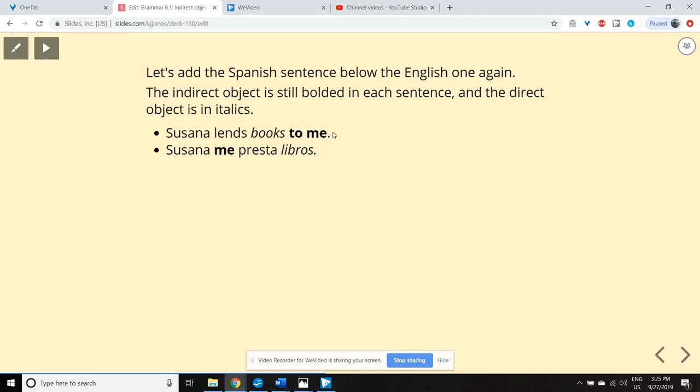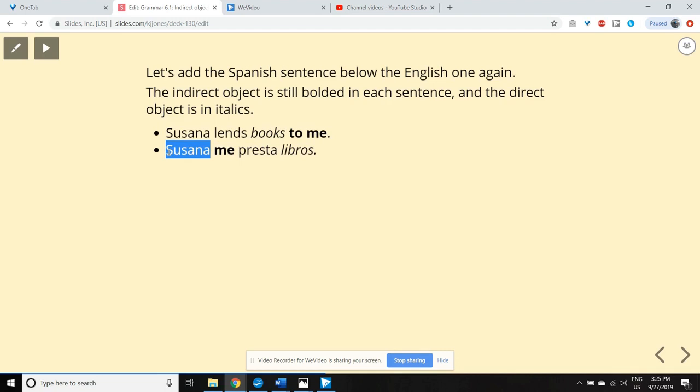In Spanish, the indirect object pronoun me directly precedes the conjugated verb. It has to. That is the only place it can go in this sentence. And then, of course, the direct object, libros, is still after the verb, immediately following it. And of course, since we need to specify who the subject of the third person verb presta is, we have our subject noun to start the sentence.